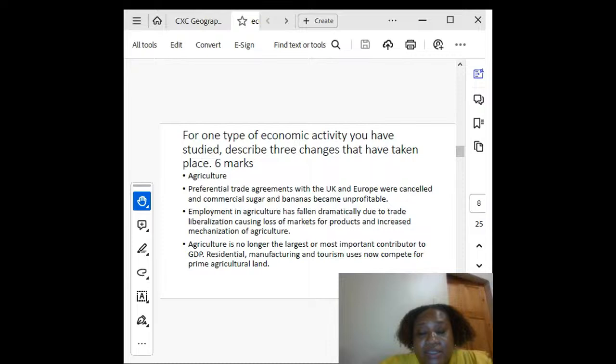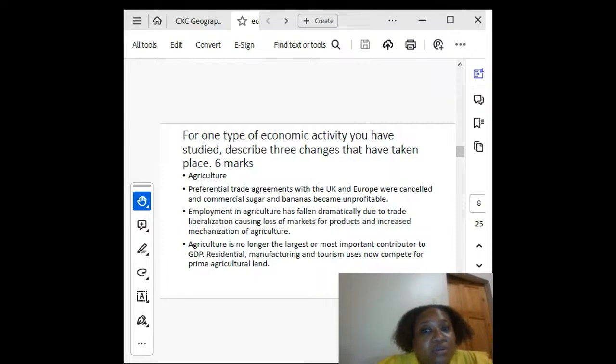So, one is the change in preferential trade agreements for the UK, right, and Europe, when we would have shipped sugar during that transatlantic slave period, right? There were preferential agreements to take our sugar, but after, of course, freedom and emancipation, independence, a lot of our preferential agreements to those markets were lost, and we are now competing with their markets.